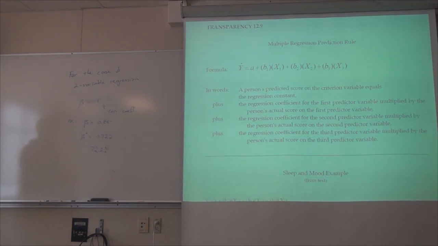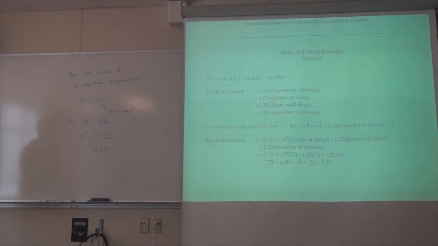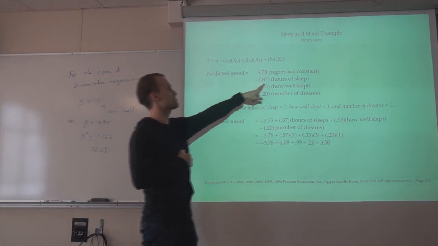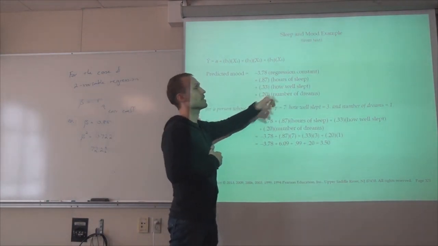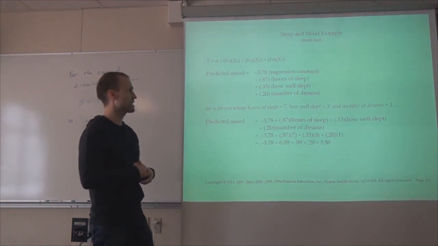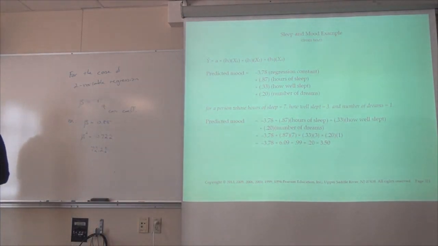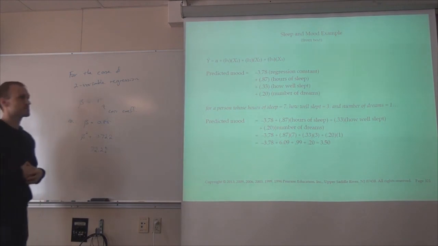So I simply want to be aware of multiple regression. We're not going to do any calculations, but just to emphasize that they do have examples. Hours of sleep, how well they slept, that could be another factor. Number of dreams. I'm not sure how much that plays a role, but you never know. And there could be other factors.